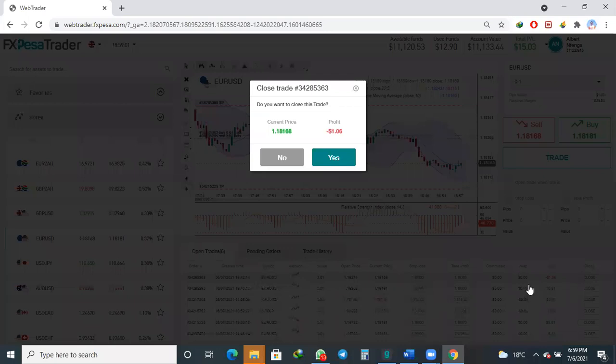Also, number two, there's what we call the pending orders. How to go about this? Let's say you want to, let me still do the euro dollar. The lot size, we said we have to make sure it's a 0.01 lot size.